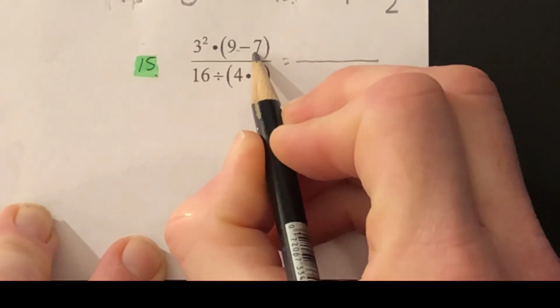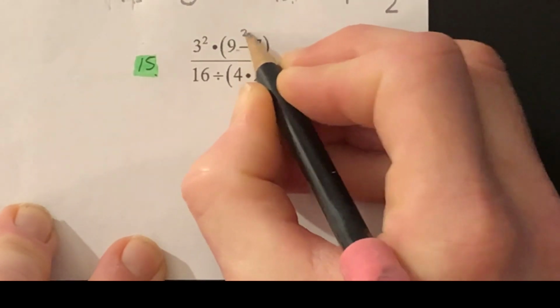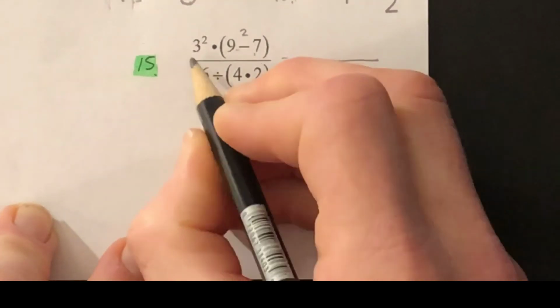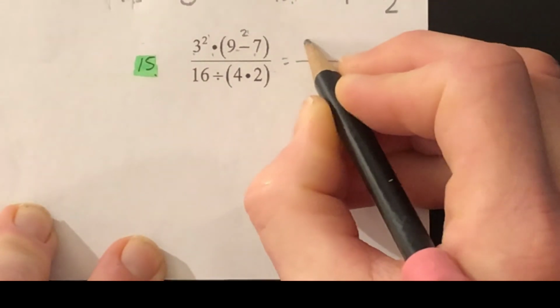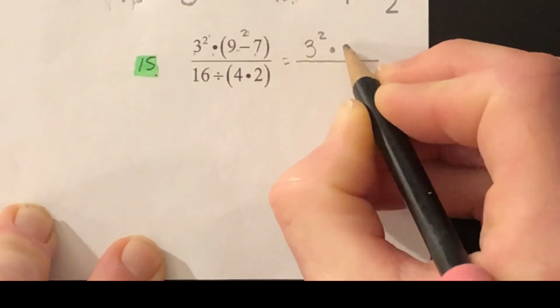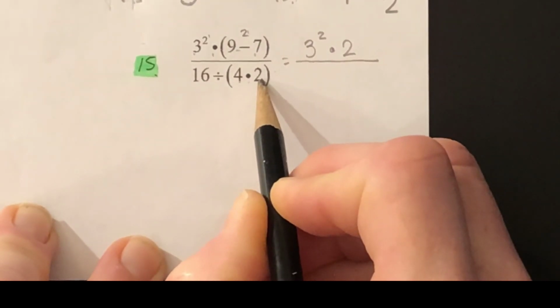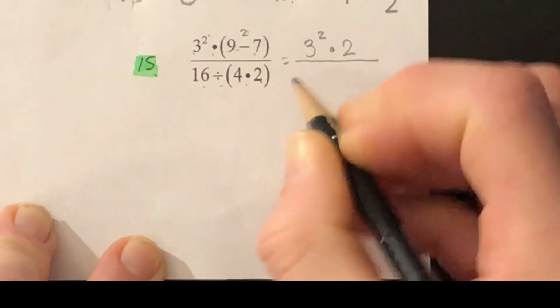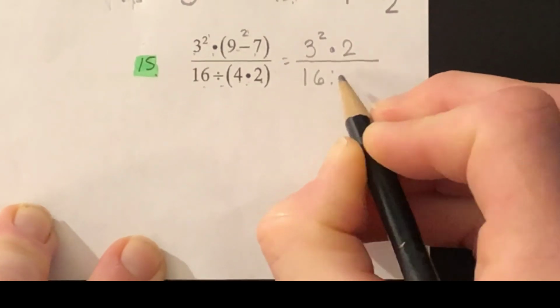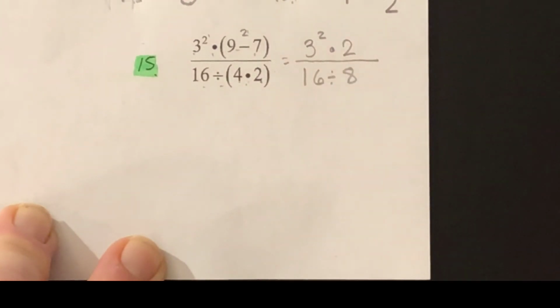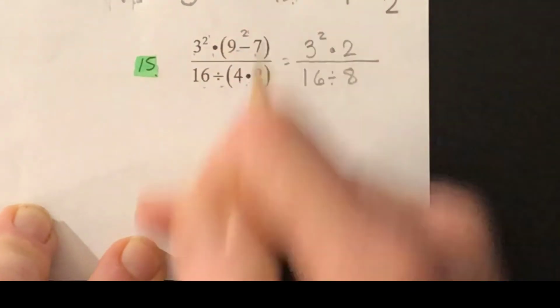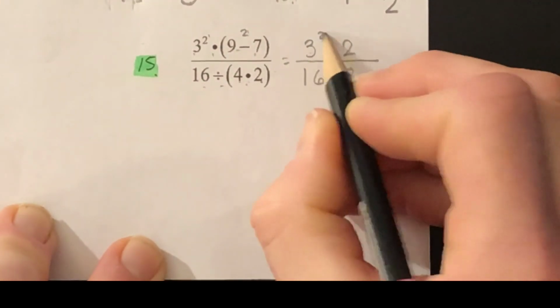9 minus 7 is 2. We do parentheses first. So now I have 3 squared times 2. 4 times 2 is 8. So I have 16 divided by 8. So now I'll take my next step here. 3 squared is 9.